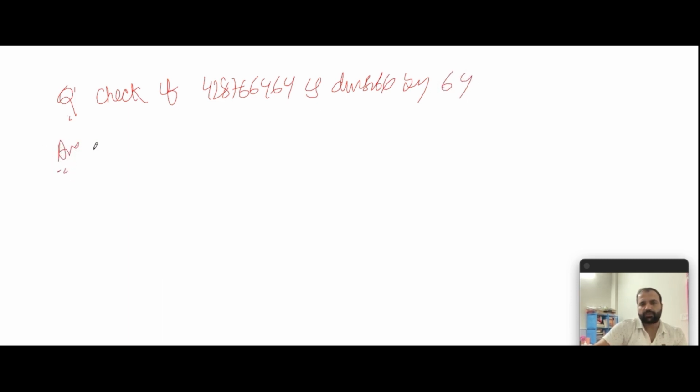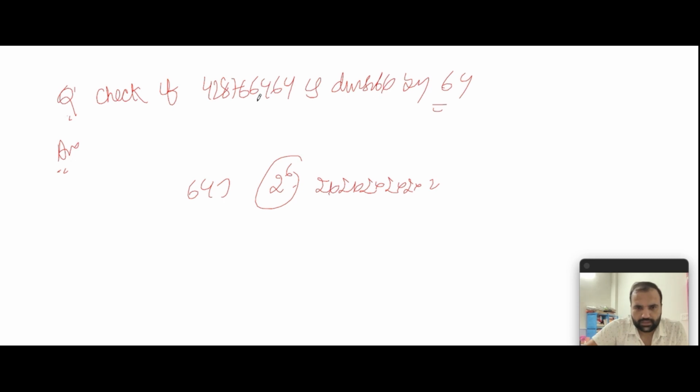So if you remember our concept, 64 is 2 to the power 6, I believe. 2 into 2 into 2, 8, 16. So we have the power n as 6, so we need to check the last 6 digits.